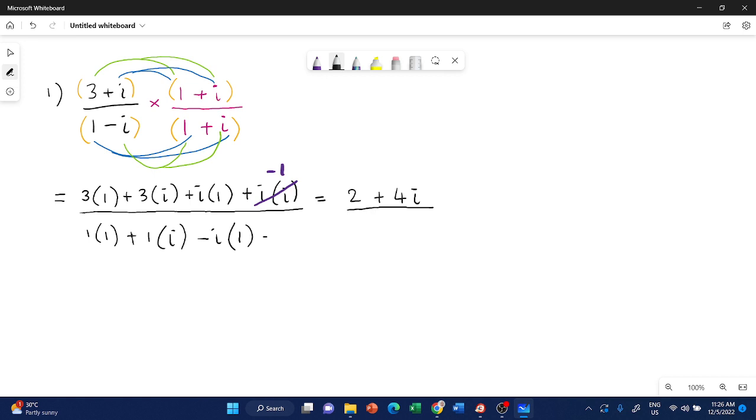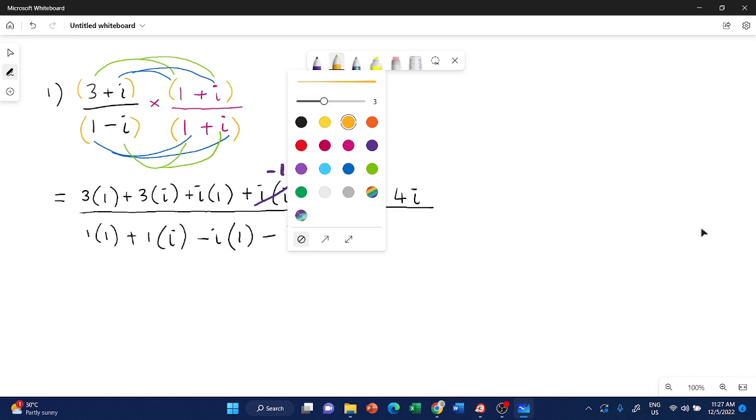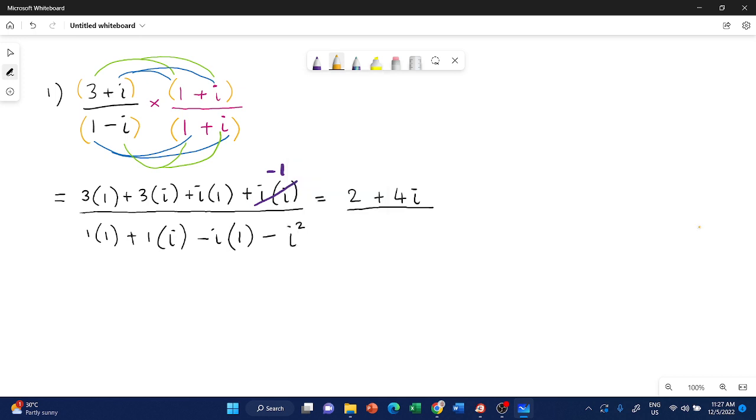We have minus i squared. Okay, so here i squared is -1, right? There is a negative, so we need to rationalize the sign. So this will be plus 1.